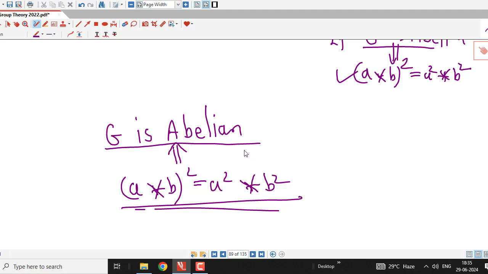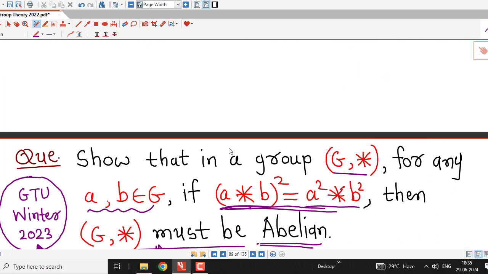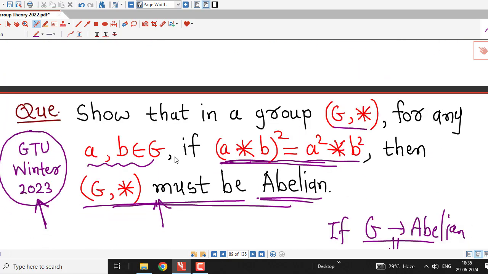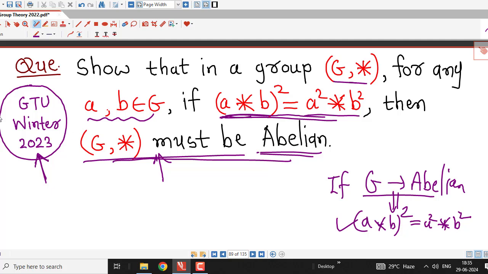And reverse implication is also true. That is, if G is abelian, then this property is satisfied. So we are going to prove both the directions. They can ask you to prove this result in both the directions also. Here they have asked in one direction only.